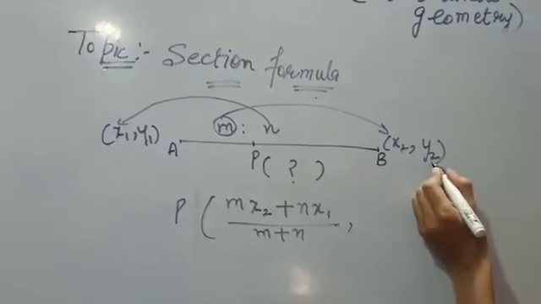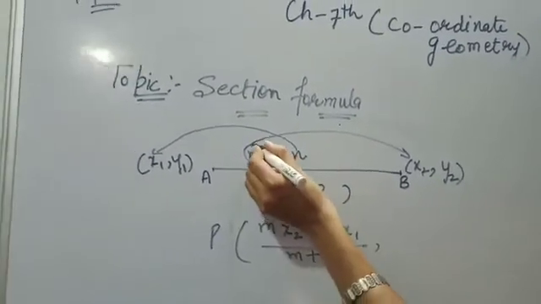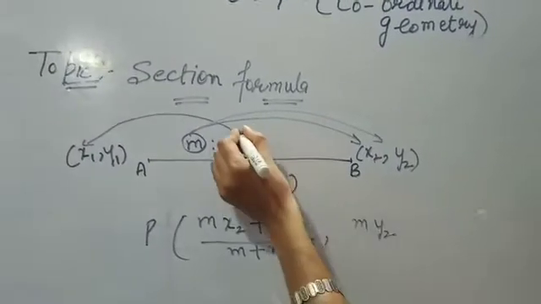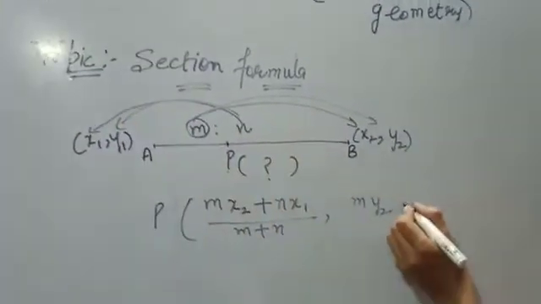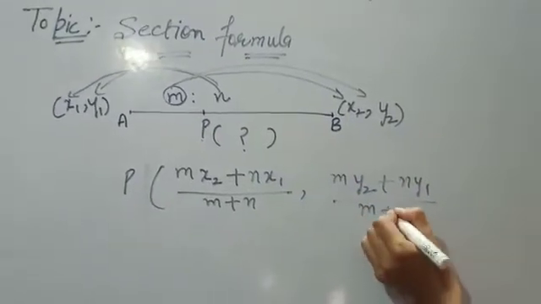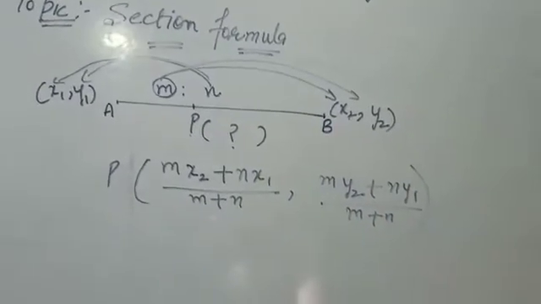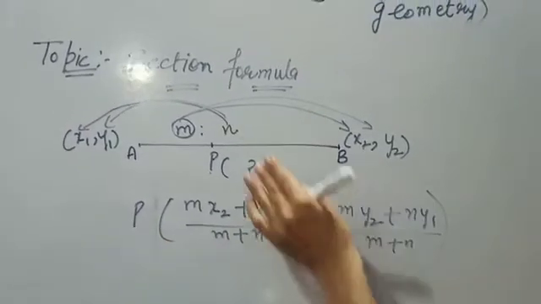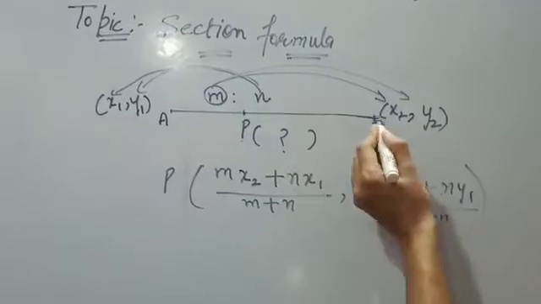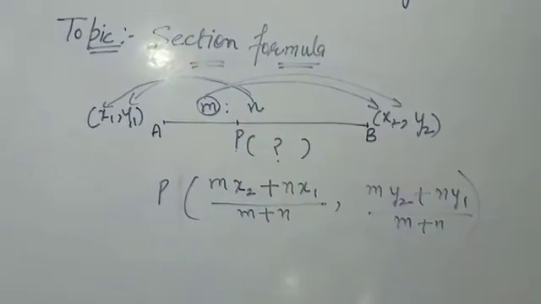Similarly, for the ordinate of P, m is multiplied by y2 and n by y1, so my2 plus ny1 upon m plus n. By this formula we can find the coordinates of P which divides AB in a given ratio.